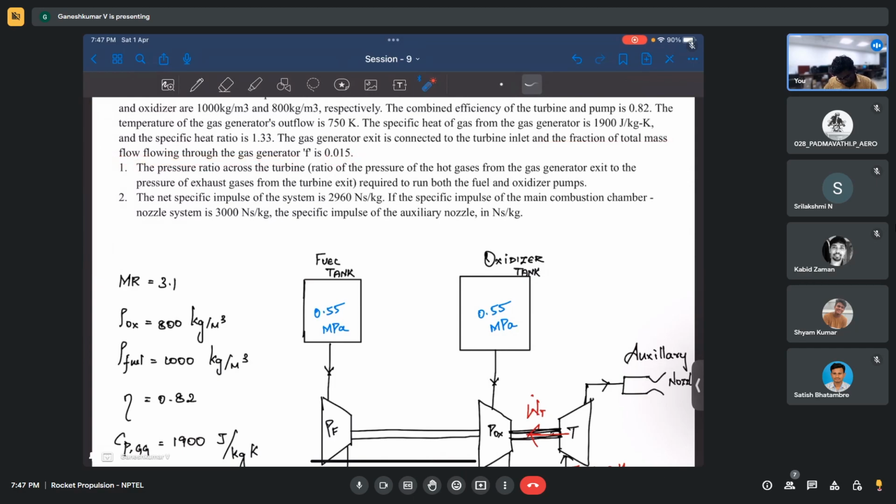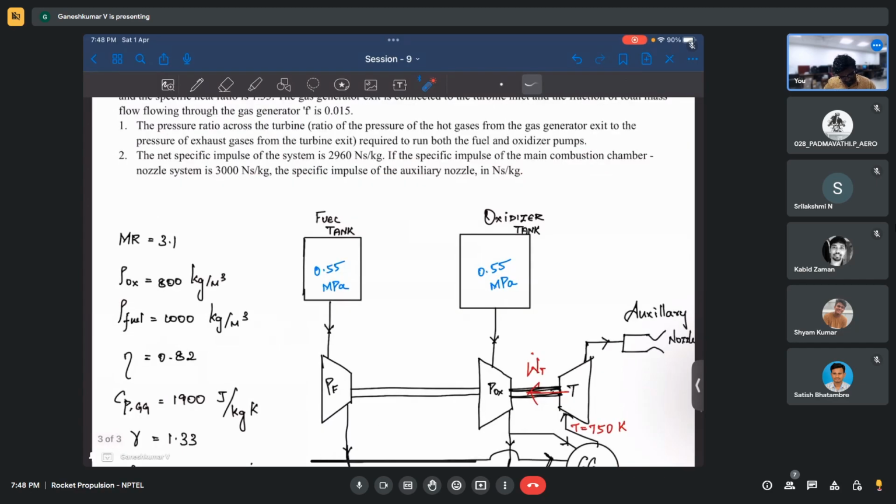Alright, so we were asked to find the pressure ratio across the turbine, the ratio of pressure of the hot gases from the gas generator exit to the pressure of exhaust gas from the turbine exit. So across the turbine you need to find the pressure ratio.